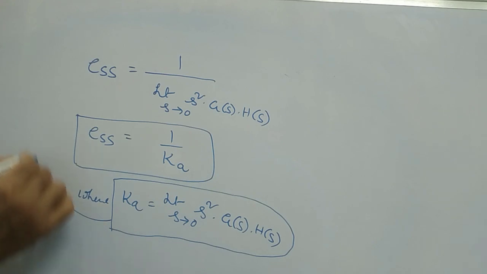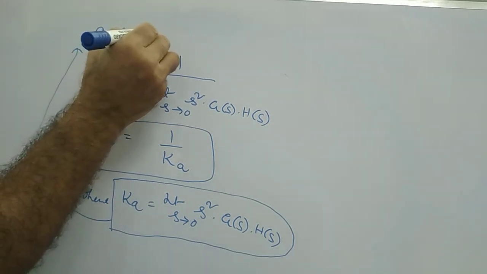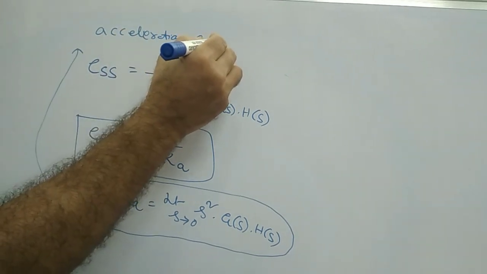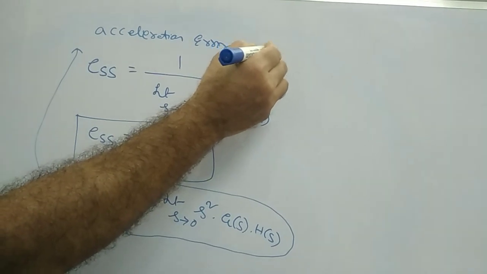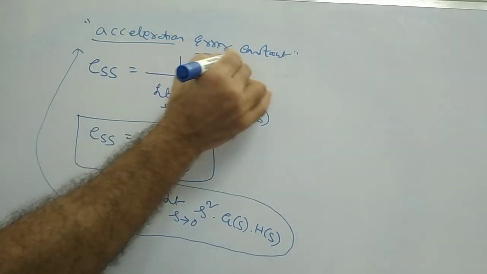K is nothing but your acceleration error constant. Acceleration error constant.